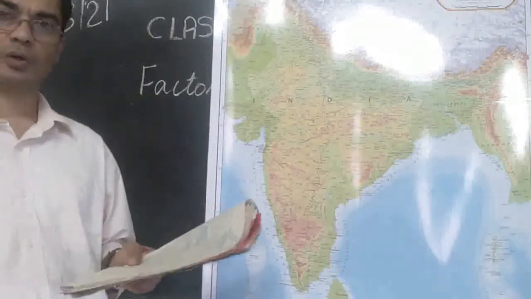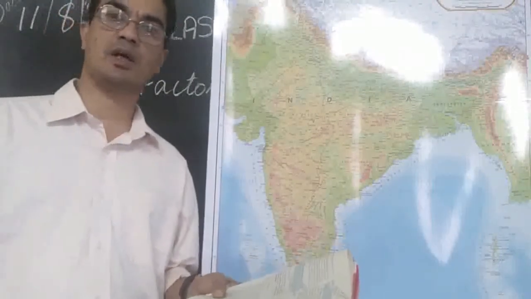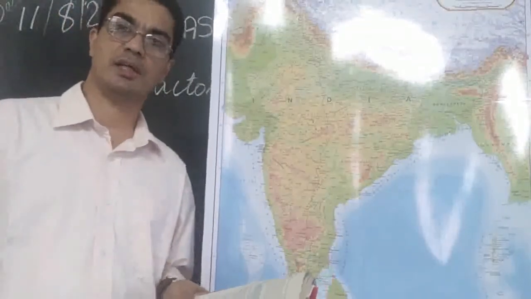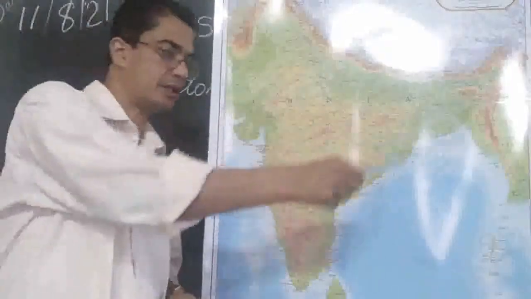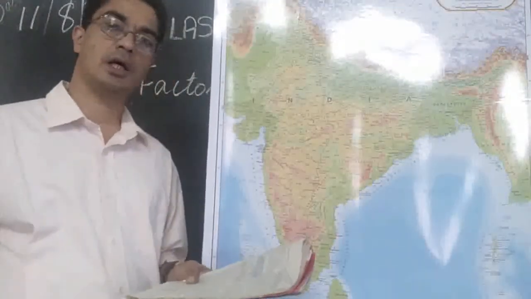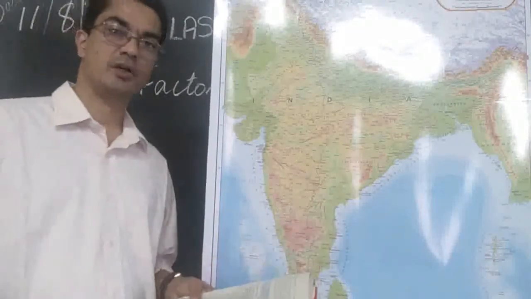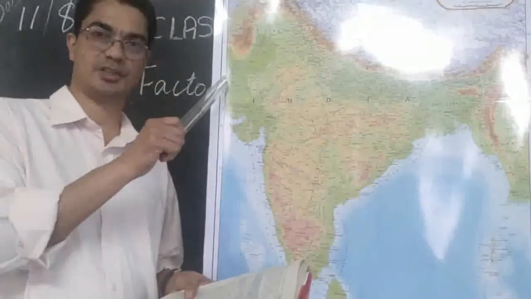So we know India lies in the region of northeasterly winds. So the region of the globe that India is located in has easterly wind. What is the meaning of easterly wind? The wind that is blowing towards the east.